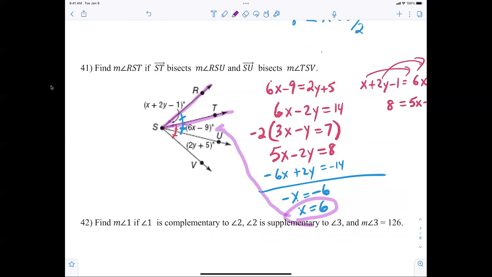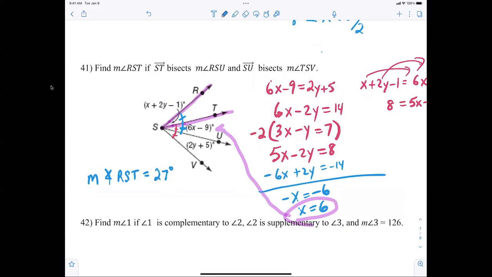Right? So 6 times 6 minus 9, so measure of RST. Somebody tell me what that is now, is equal to, what did we say? How much? 27 degrees. 27 degrees. Very good.